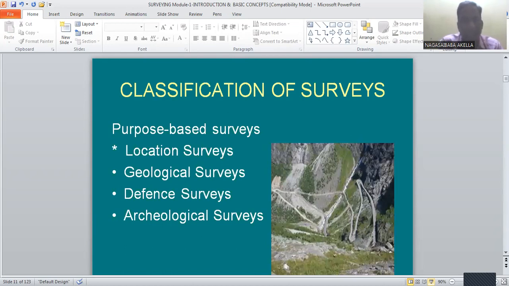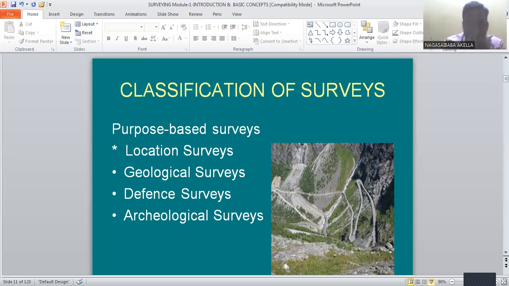In the same way, among purpose-based surveys, there is geological survey, that means geology. What is the strata of the earth? What are the layers in the earth? To find out that geology is called geological survey. To determine the location comes under location survey.